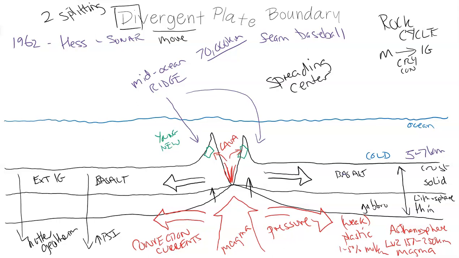So you're moving these two bits in opposite directions. And usually in front of the class, I would have, next to this title, just the arrows like that, just to symbolize that the plates are moving away from each other, okay?